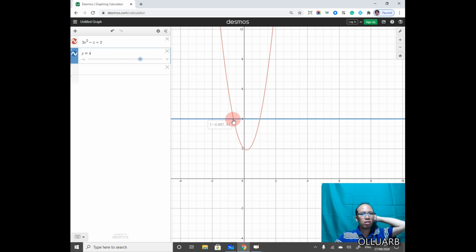Is 0.667 equal to 2/3? 2 divided by 3 equals 0.667. It should be negative 2/3. Okay, it should be negative. So this is 1, 4.